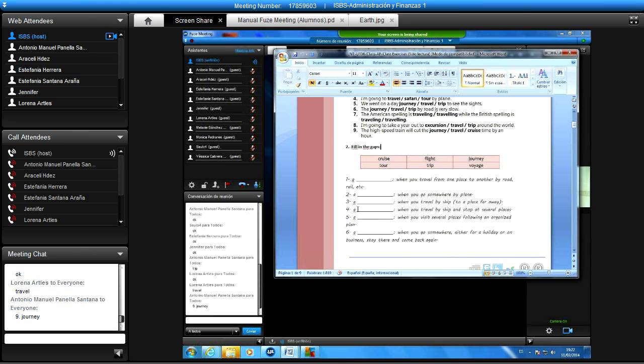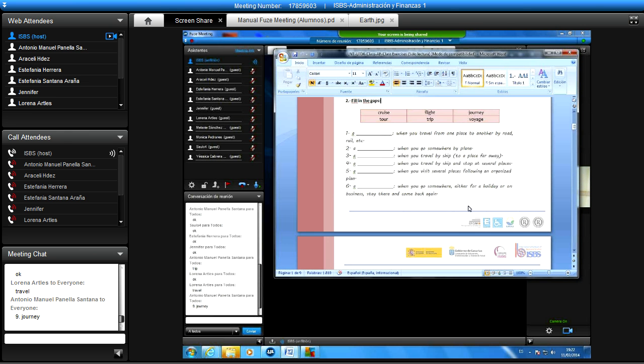So number four, when you travel by ship, but stop at several places. Cruise. Number five, tour. And six, trip. You go somewhere for a holiday or on business, you stay there and come back again.